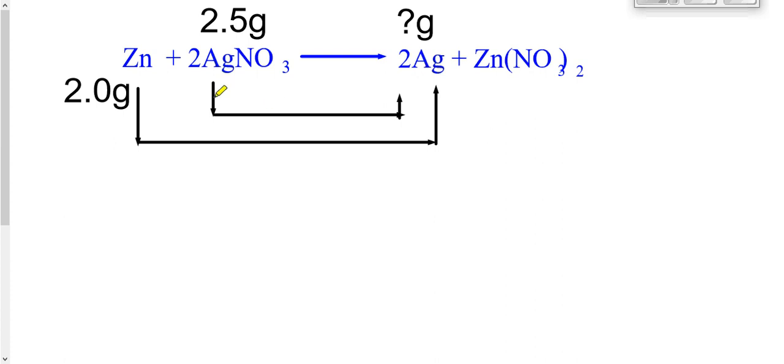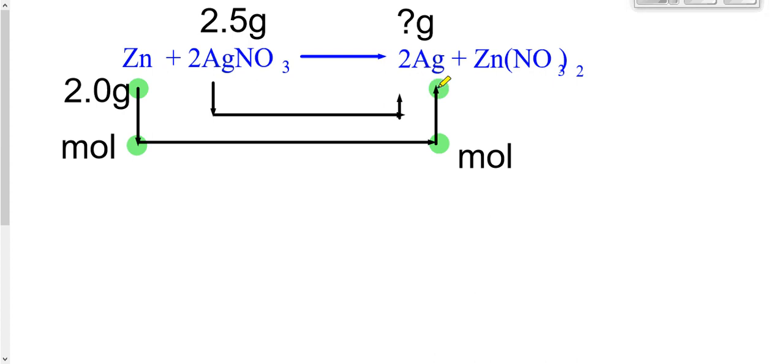Because we're starting with grams, I'm going to label that on the end of my line. We're going to first change grams of zinc to moles of zinc. We will then go from moles of zinc, following our line, to moles, always moles on the corner, of silver. And finally, I'm going to carry this on one more step to find grams of silver.